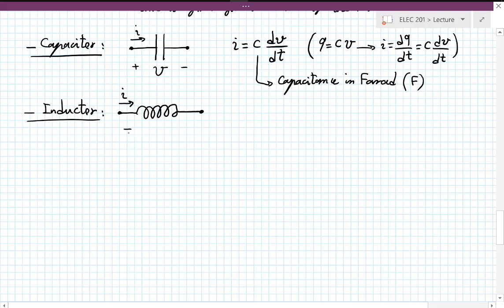So if you have I and V defined like this, V is L dI by dt, and L is the value of inductance. What's the unit? Anyone remember? Henry.